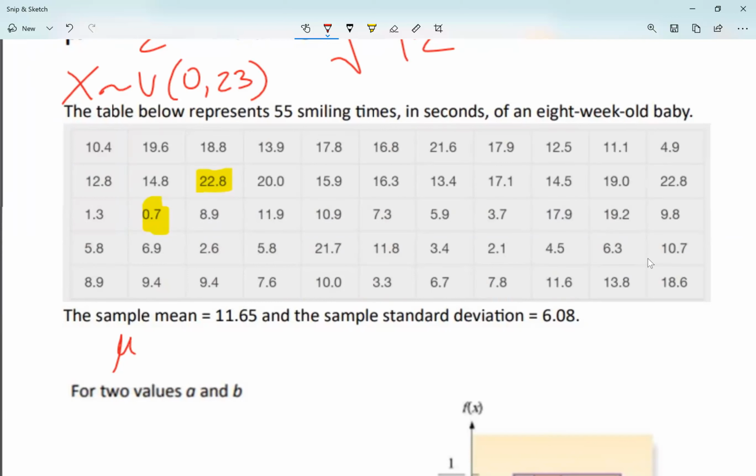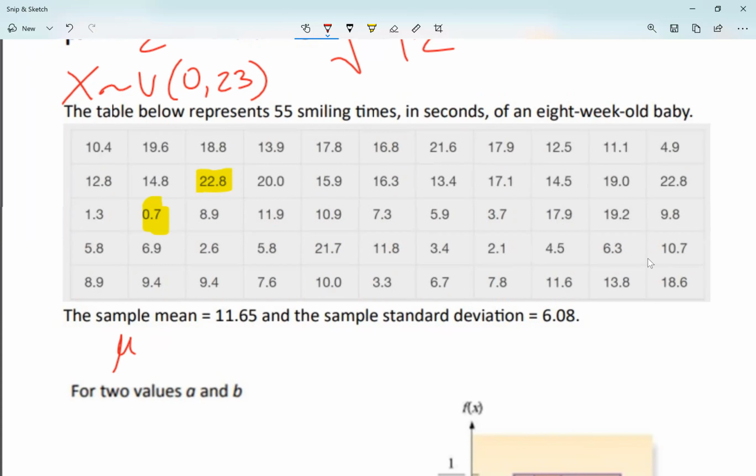I have to make sure I include all my numbers, right? 0.7 was the smallest, so I went down to 0. I rounded down. And then 22.8 was my biggest number. I rounded up. So I'm going to say my uniform distribution is 0 to 23. That gives me my smallest and my biggest number, 0 and 23.